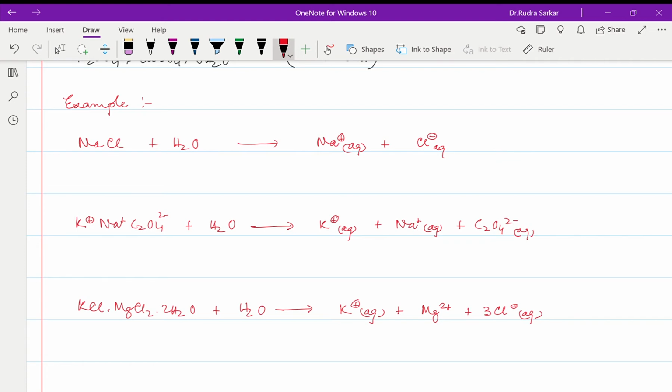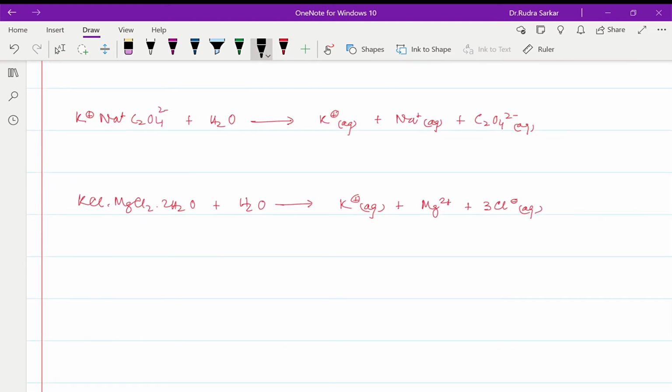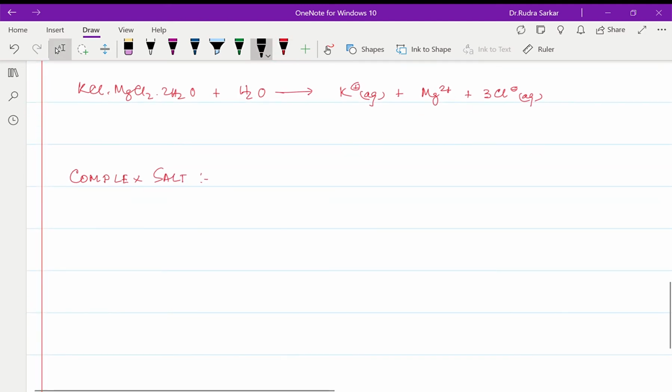Now, there are certain salts which are known as complex salts. Suppose I dissolve K4[Fe(CN)6] inside water.